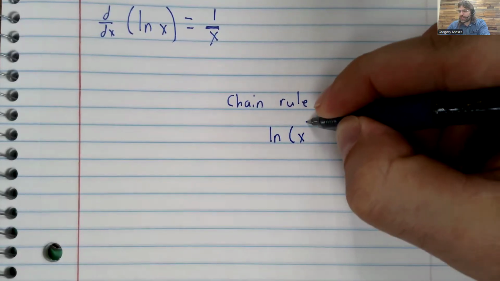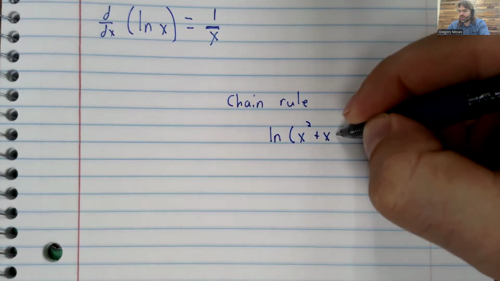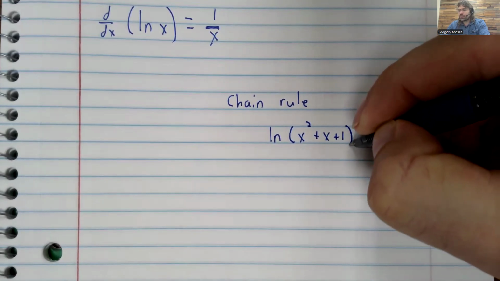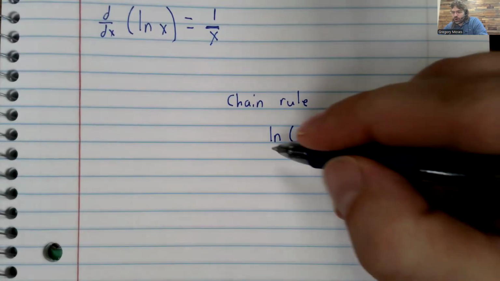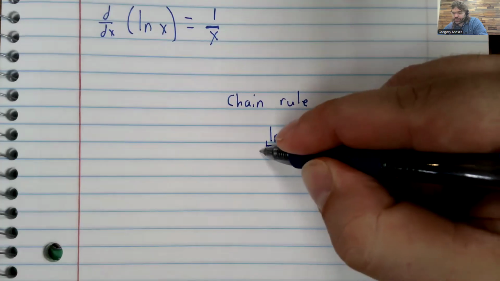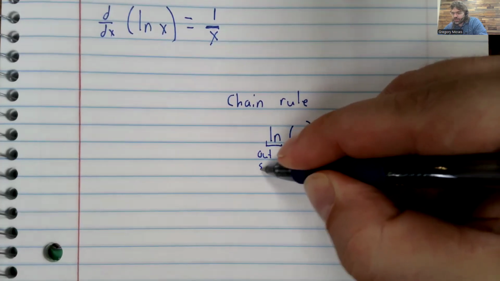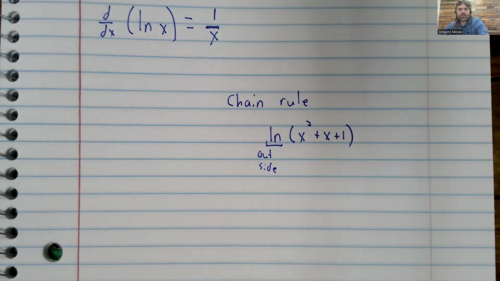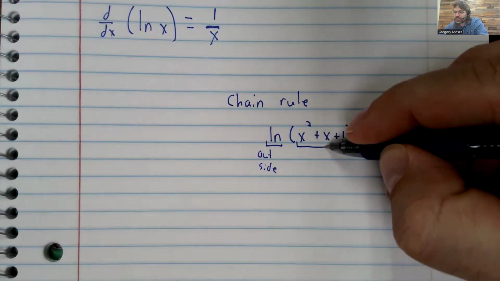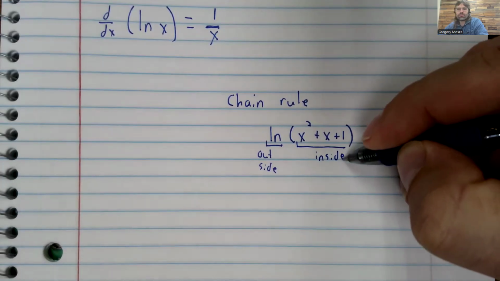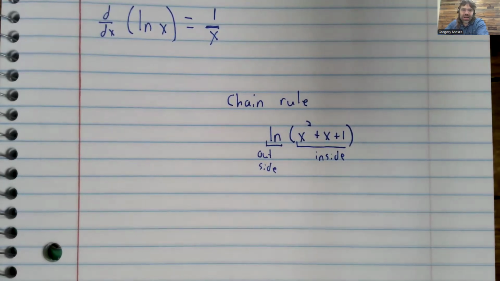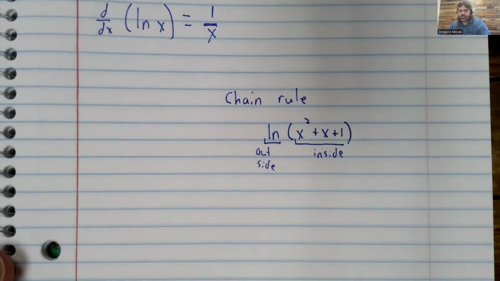If you have the natural log of something, let's say x squared plus x plus 1, and you want its derivative, well, the natural log is going to be the outside function, and the thing inside the parentheses is the inside function. It's a very natural terminology here.